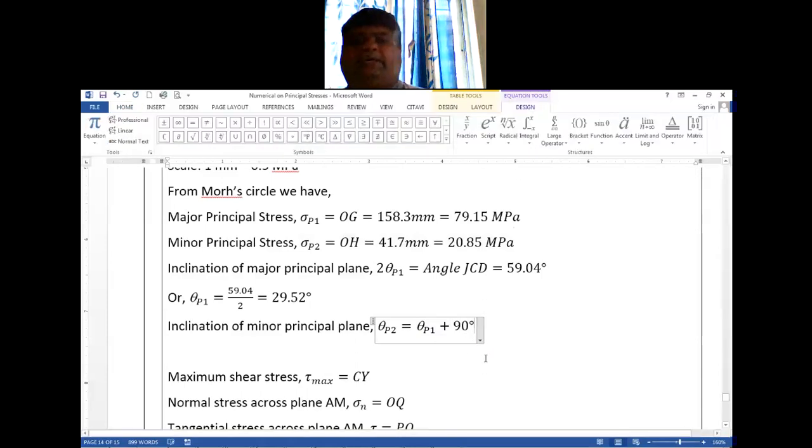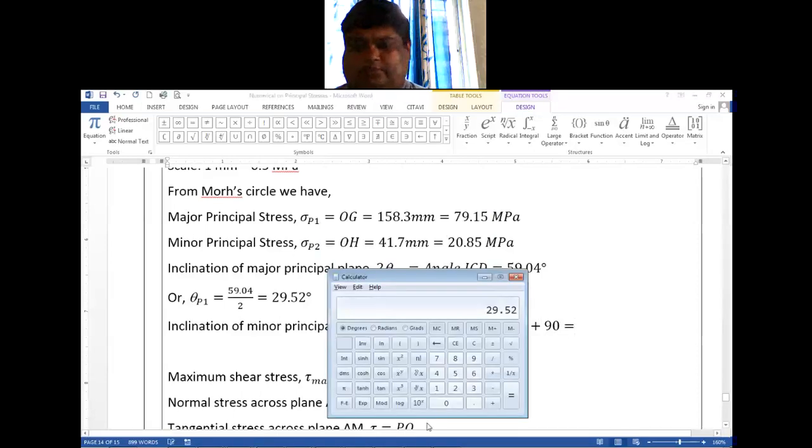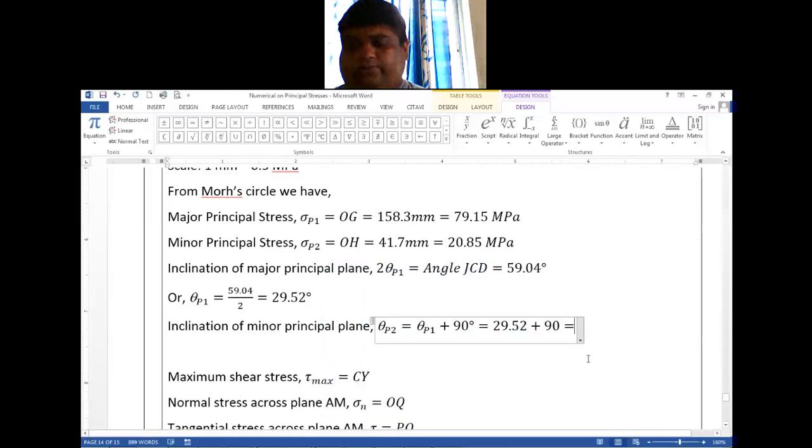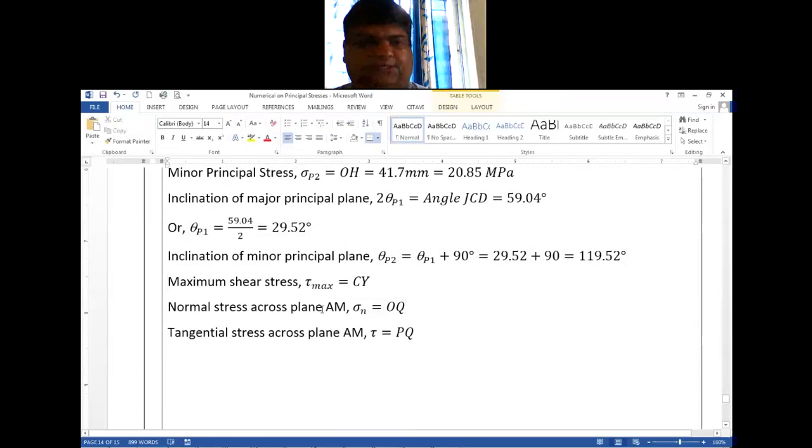We have done this earlier, that the two principal planes are mutually perpendicular. So I'm just using that. So this will be 29.52 plus 90, which is equal to 119.52 degree. So I got both the principal plane directions.